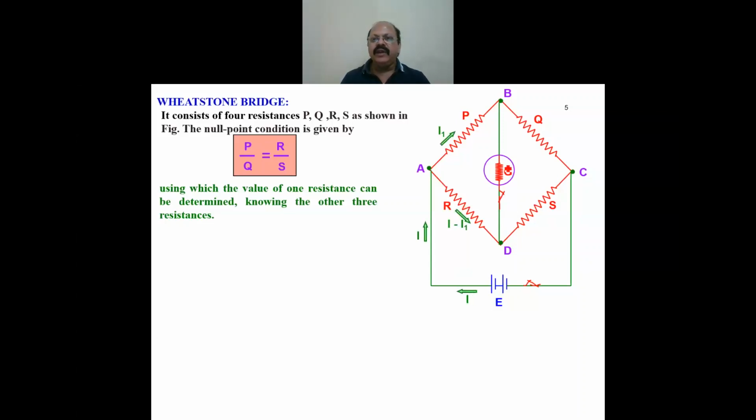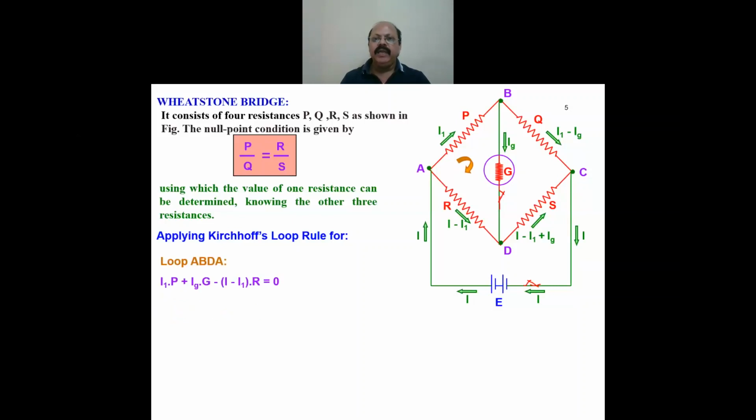Now you see here how you can find out this balancing condition. Here also you have to apply Kirchhoff's voltage law. We have to take two loops here, A, B, D, A, and another B, C, D, B. In the first loop, A, B, D, A, there is no cell, so there is no EMF.